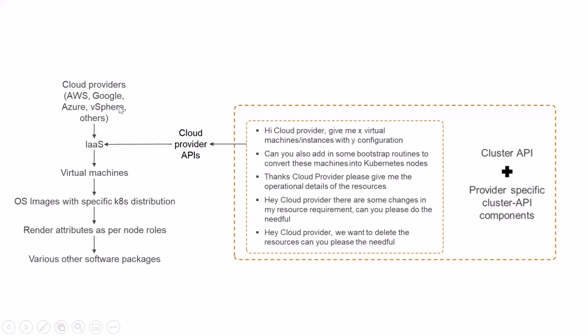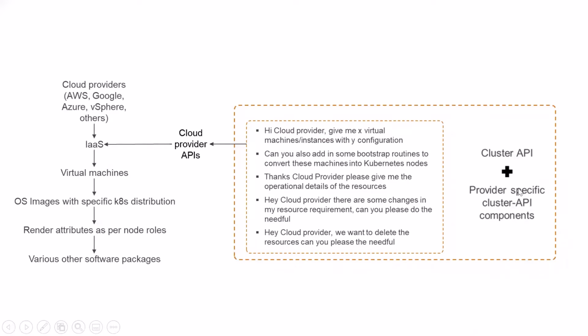Again, as I said, provider specific Cluster API components are maintained and managed by each respective provider. For example, in the case of vSphere, this is called CAPI, and this will be called CAPV, okay, CAPV. Likewise, if the underlying infrastructure service provider is AWS, then CAPI and CAPA, right?